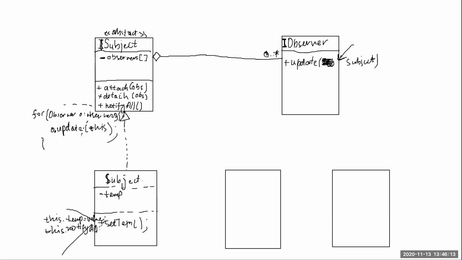After changing the state, you always call this notify all method, because set is going to change the internal state of your subject. This is something that you should be doing for every property that you have for the derived class or for the subclass of subject. You got it? Is it clear?